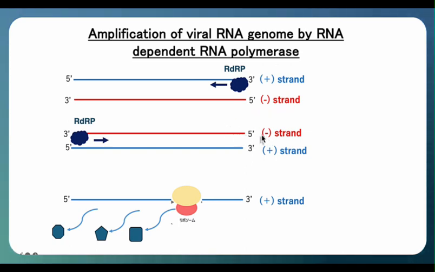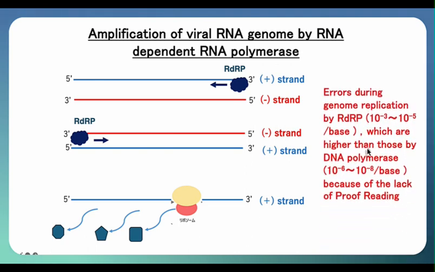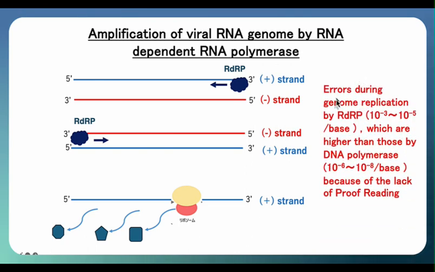On the other hand, in the case of this virus, if the particle contains a minus strand, the RNA strand produced by RNA-dependent RNA polymerase is a plus strand. The error ratio in replication by RNA-dependent RNA polymerase is said to be 10 to the minus third to 10 to the minus fifth per nucleotide.